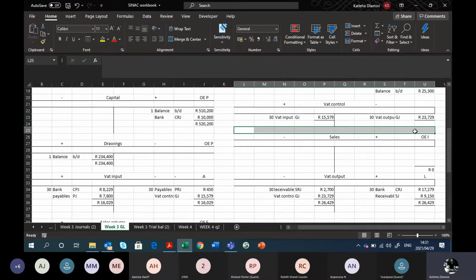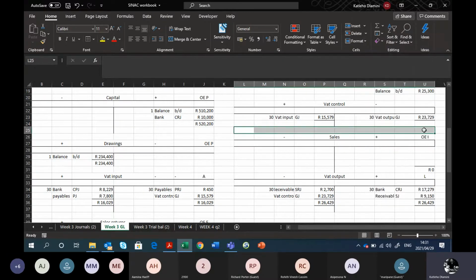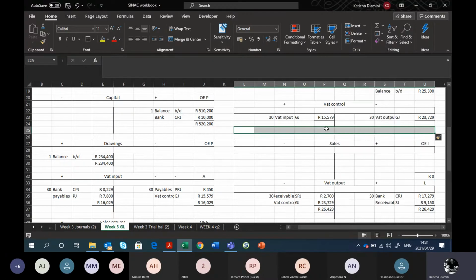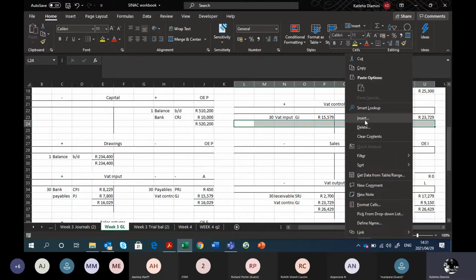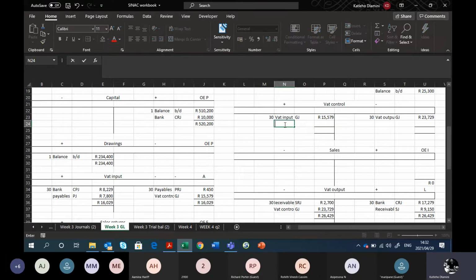Just drag these down a bit. Balance. Here down.